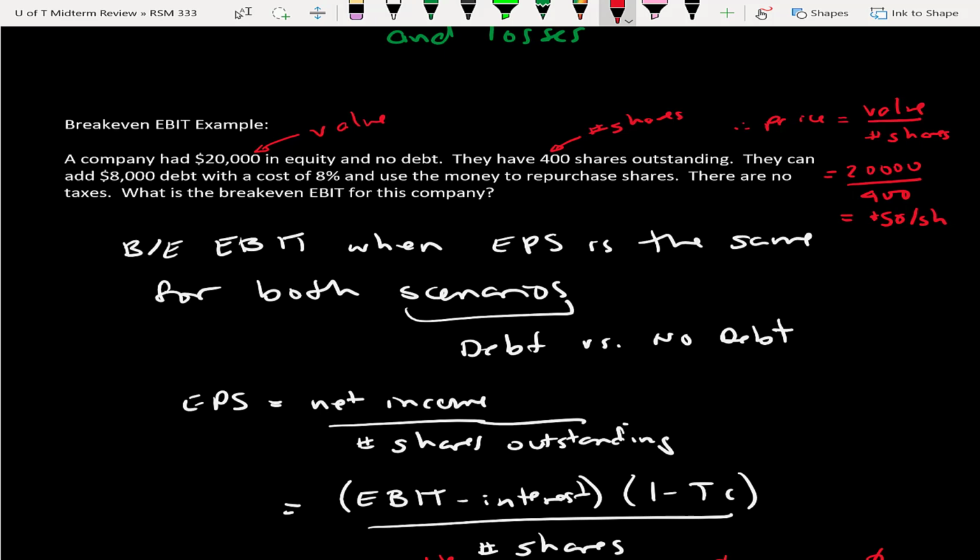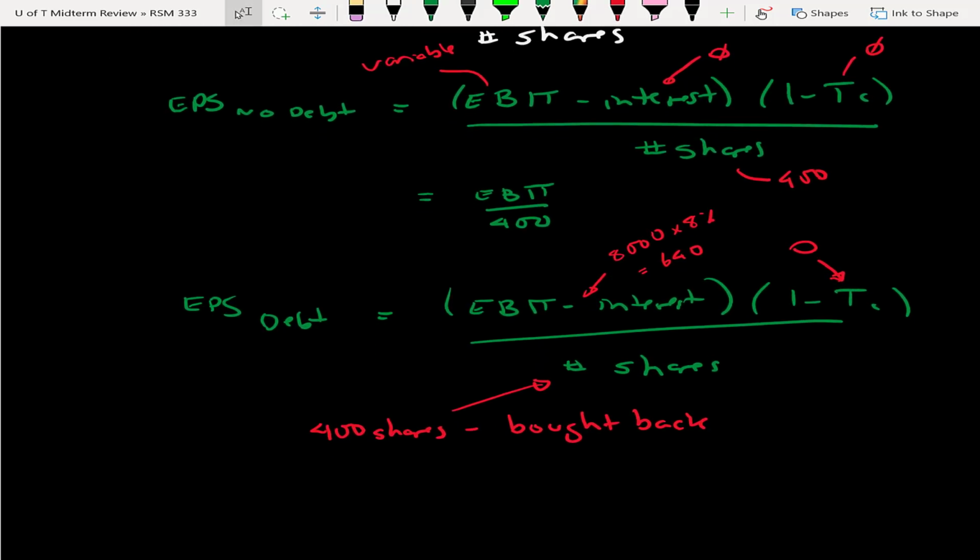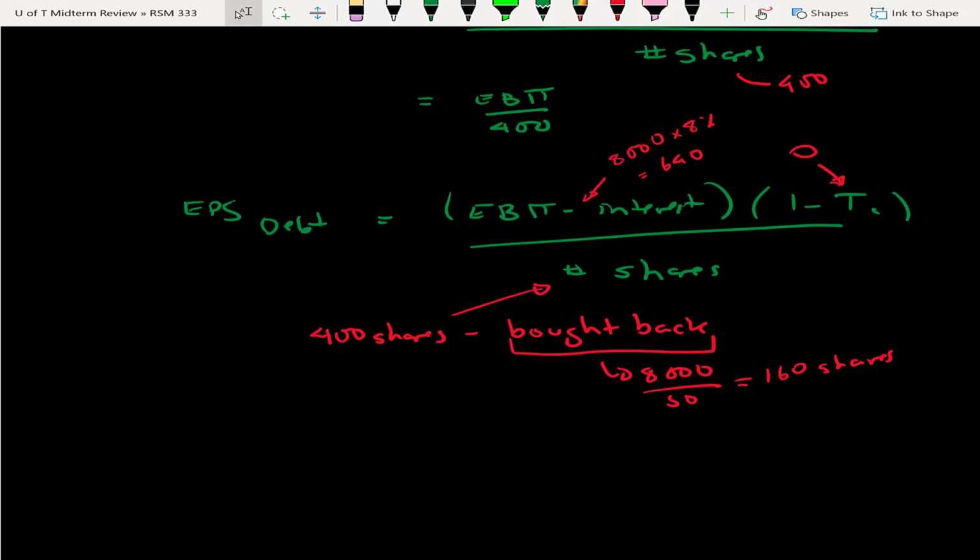So if we plug that in, how much did we buy back? We bought $8,000 worth of shares divided by $50 per share. So we bought back 160 shares. Therefore, the shares outstanding are 400 minus 160, which is 240.